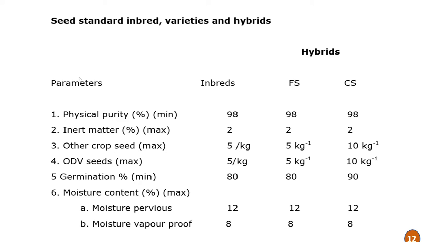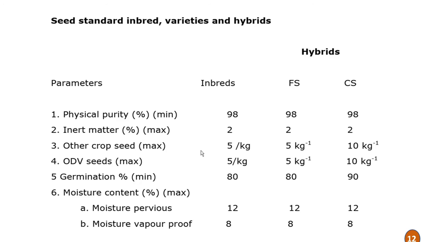And the different seed standards for hybrids and inbreds are: first, the physical purity percentage minimum should be 98% in inbreds or all foundation or certified seed stage hybrids. Then inert matter percentage maximum allowable is 2% in all cases.